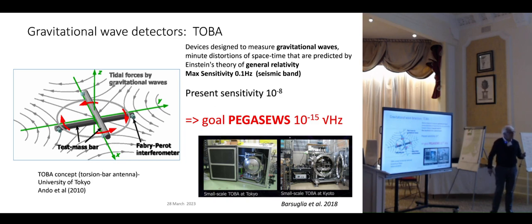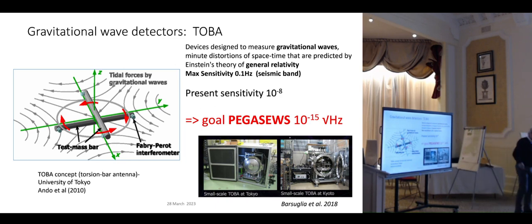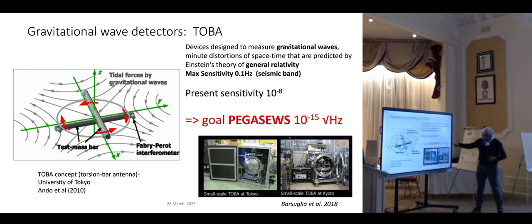As I told you, initially it was supposed to detect gravitational waves at long periods, longer than 10 seconds. But for gravitational waves, it turns out that it's not so efficient because when they did some experiments, the sensitivity was only 10⁻⁸. And if we want to detect a magnitude 7 earthquake, we have to go down to 10⁻15 per square root of Hz.